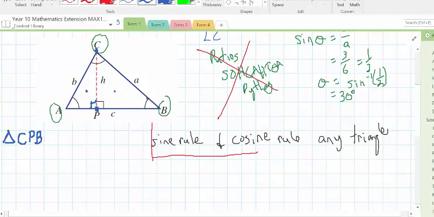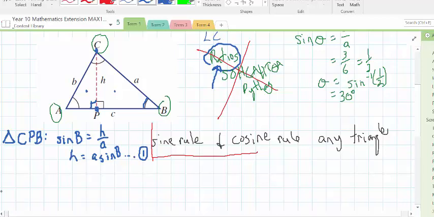So if we want to look at angle B here, we can look at sine B. This is our regular sine ratio. So because we're back into a right angle triangle, we can use our regular ratios to develop this. So sine B is opposite over hypotenuse, which is H over A. H equals A times sine B. So I'm going to call that statement 1 because we're going to come back to that.